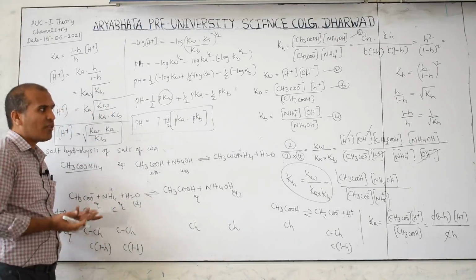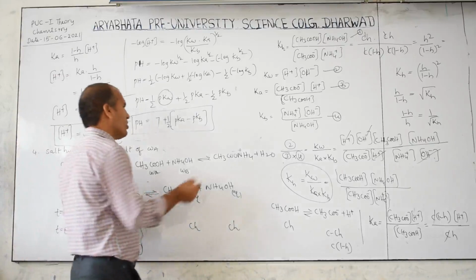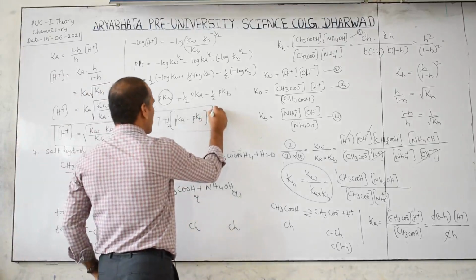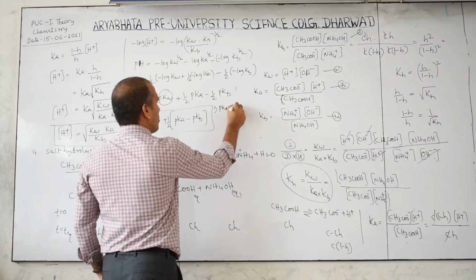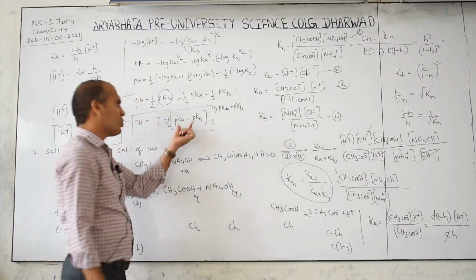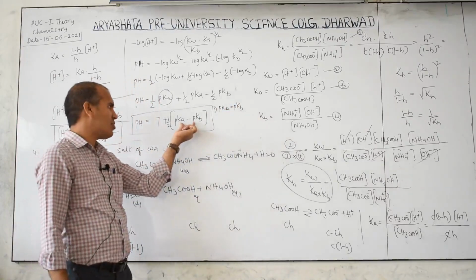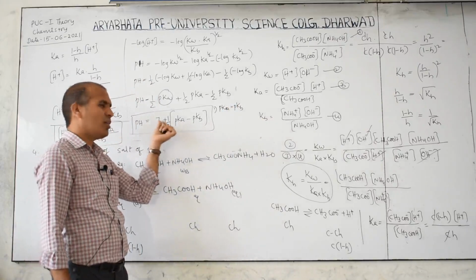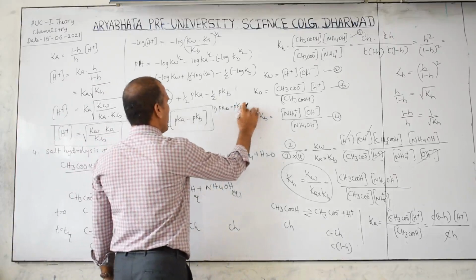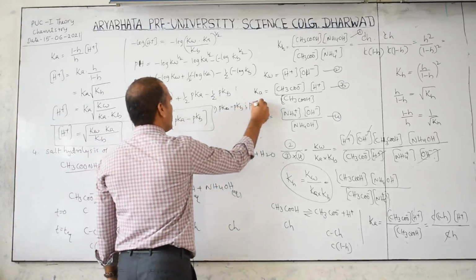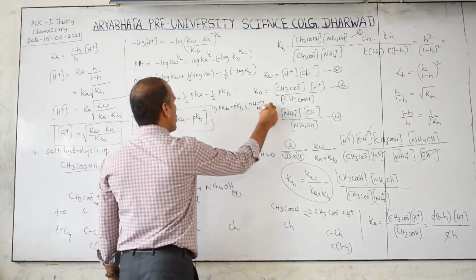Then what will happen? There are 3 conditions. First condition is pKa is equal to pKb. If both are equal, this value is 0, something into 0 is 0, so 7 plus 0 is 7. Therefore pH will be 7, that indicates neutral.